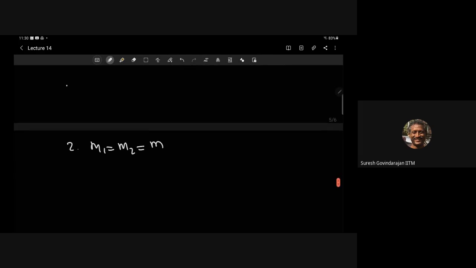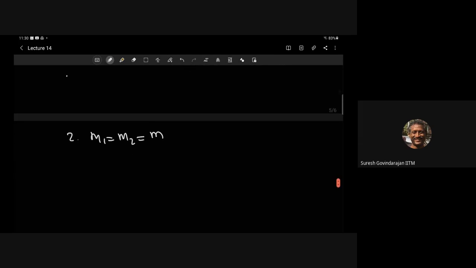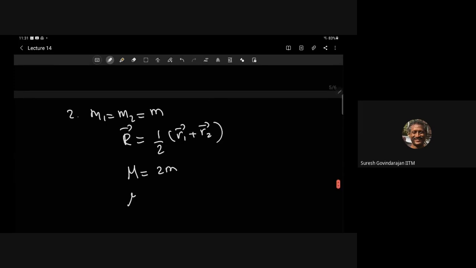And then what you get is capital R is the average of the positions, and capital M is 2M, and mu is half of the mass.